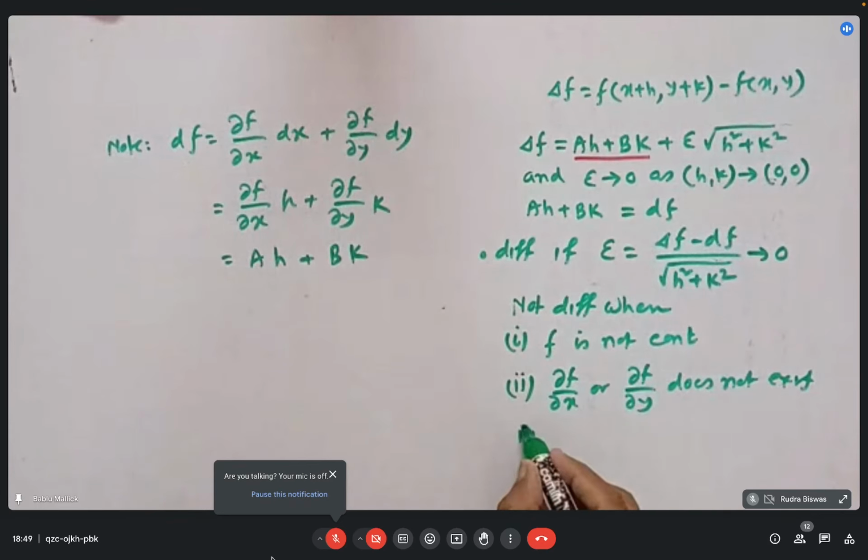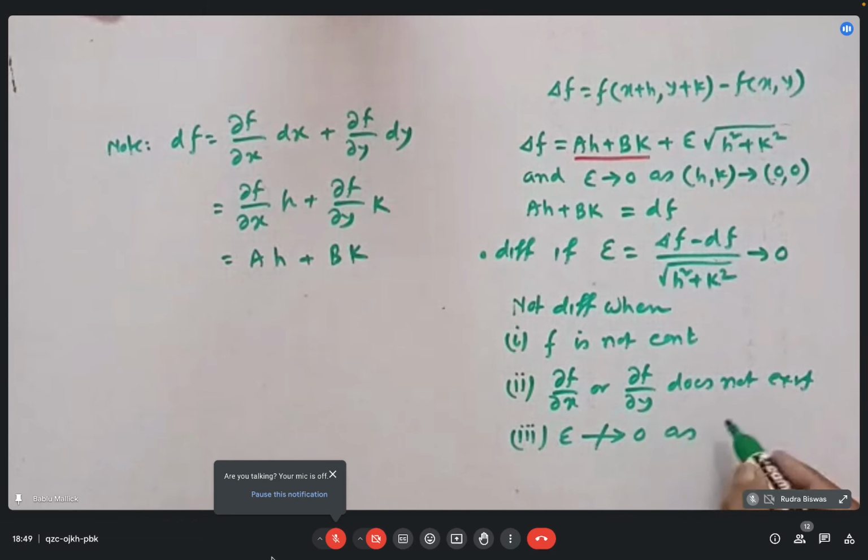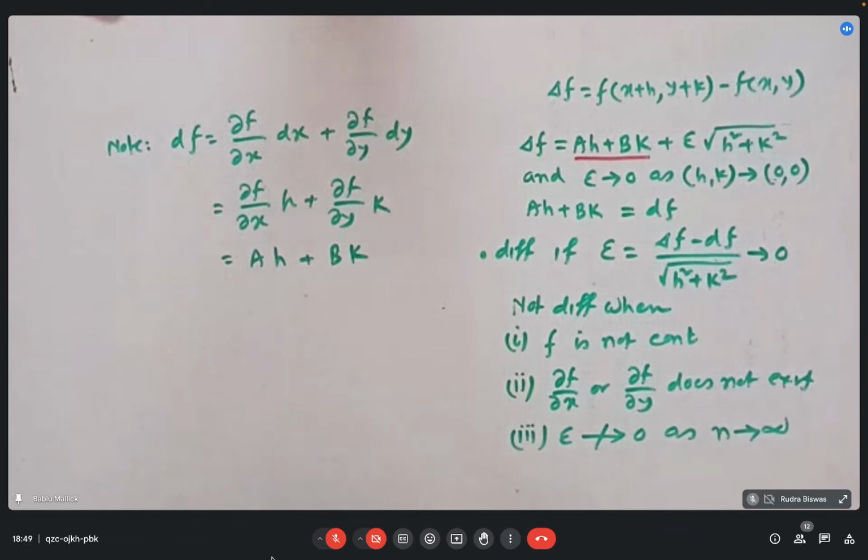Or third case, epsilon does not tend to 0 as (h, k) tends to (0, 0). So these are the possible cases. First we shall check whether it is continuous or not. Second, if continuous, then we proceed to the second step, and if not continuous, then we say that it is not differentiable.